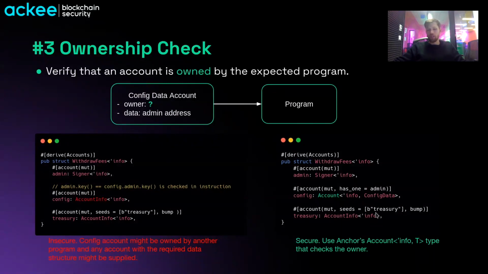And as you might already know, the PDA address is derived from some seeds. In this case, this is the treasury here, the bump, and also the ID or the public key of your program. So Anchor here checks that the address is correct, because it will calculate and verify for you that the PDA address is correctly calculated. So this is another way how you can check for ownership.